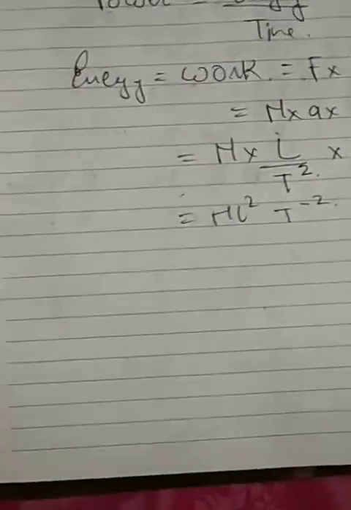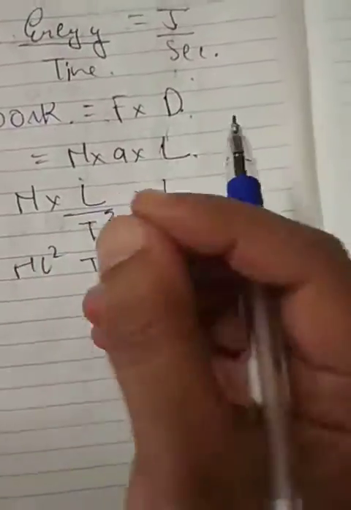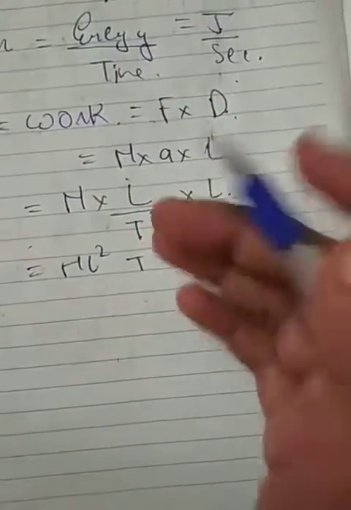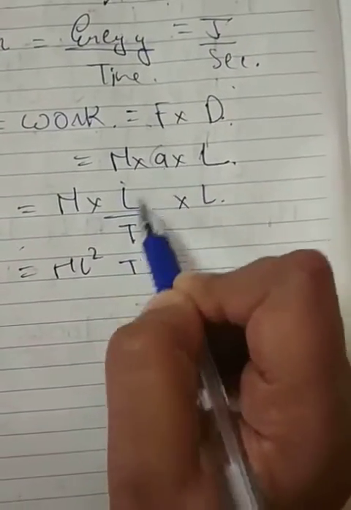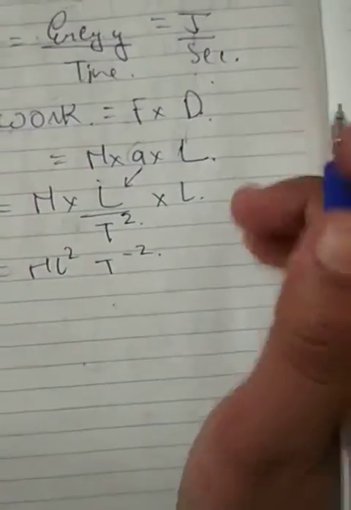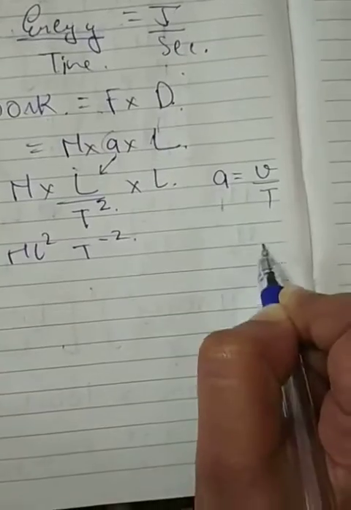If some students are watching only part 2, you can skip this. I just want to tell you how I derive the LT⁻² for acceleration. Students, you can skip forward. Acceleration is equal to velocity upon time.